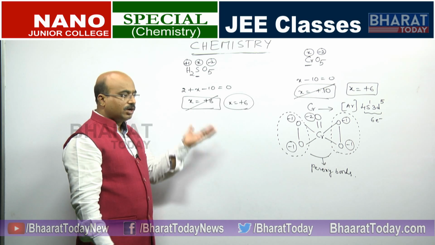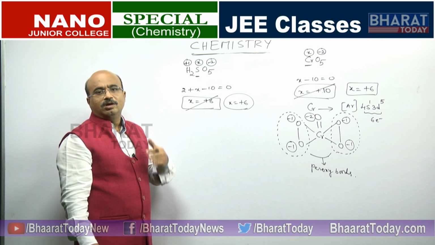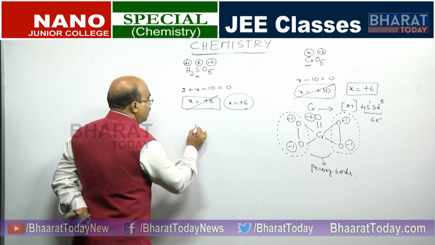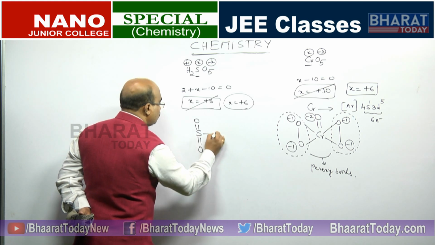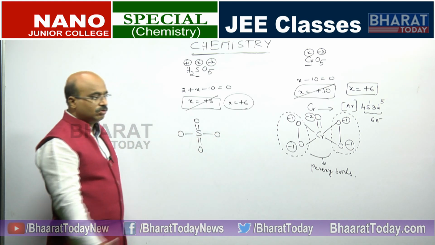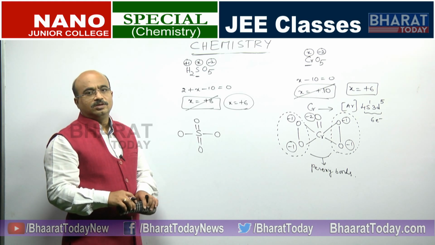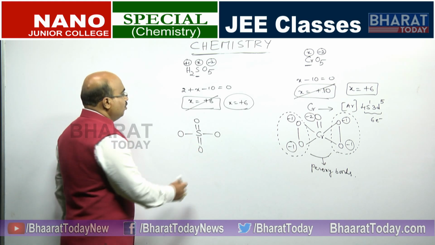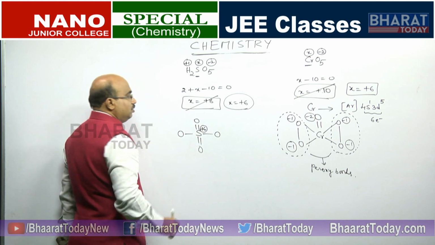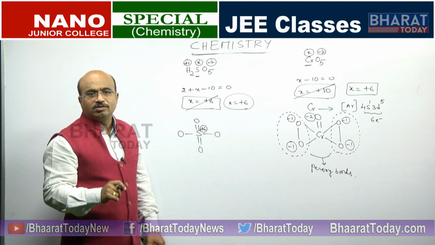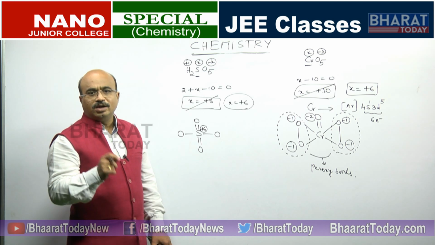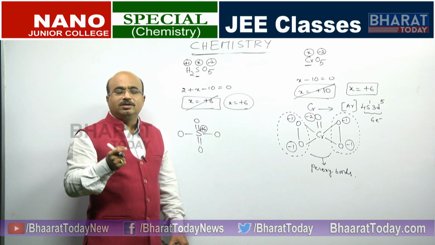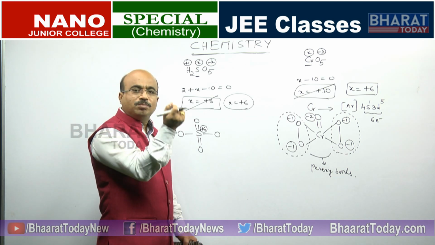So, try to write the structure of this, assuming there is a peroxy bond. Sulfur should be written with 4 oxygens, 6 bonds in total. So, 2 oxygens you write with double bonds, so that the total charge on the sulfur becomes +6. But there is one more oxygen left and 2 hydrogens left, and hydrogen can never be written in the middle, it should be written only at the end. When you have any element which has one bond, it should be written only at terminal positions.